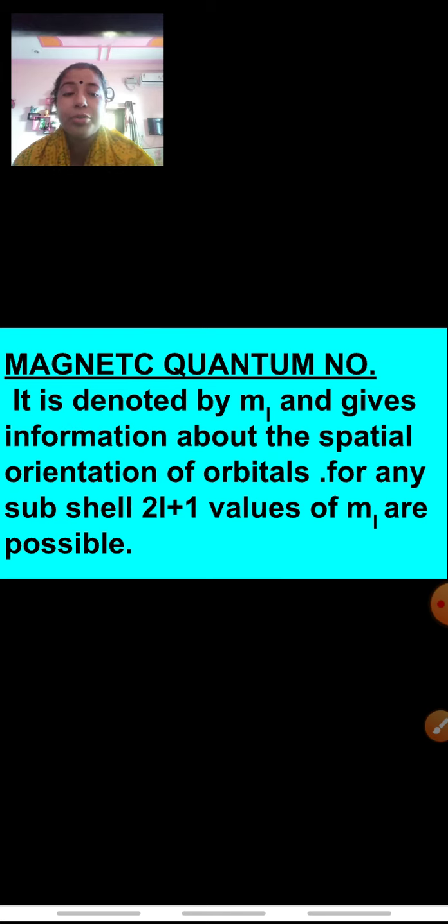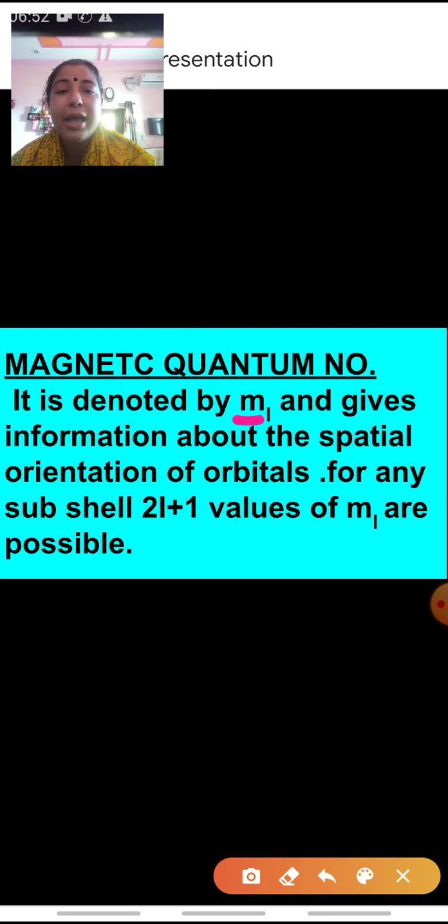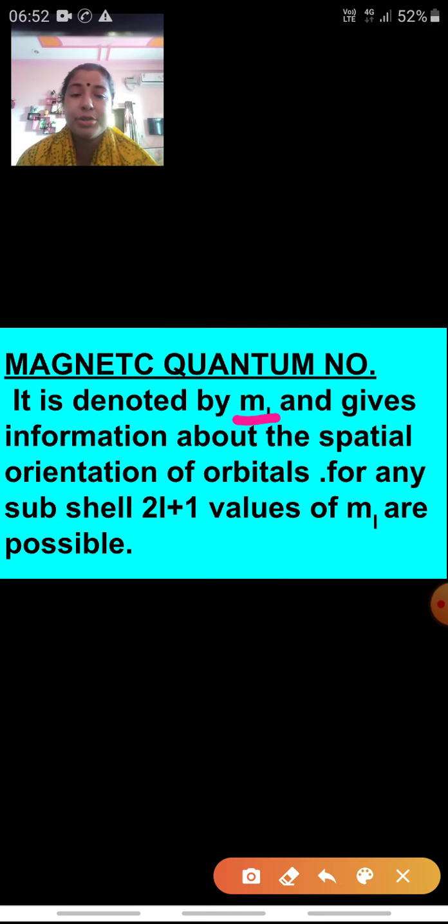Now they are denoted by the symbol ml, the small m and a small l in the subscript. Now, for any subshell, the number of possible values of ml are equal to 2l plus 1. That means how many magnetic quantum numbers are there? You can find out using the formula 2l plus 1, where you have to write the value of l, you will get the value of ml.